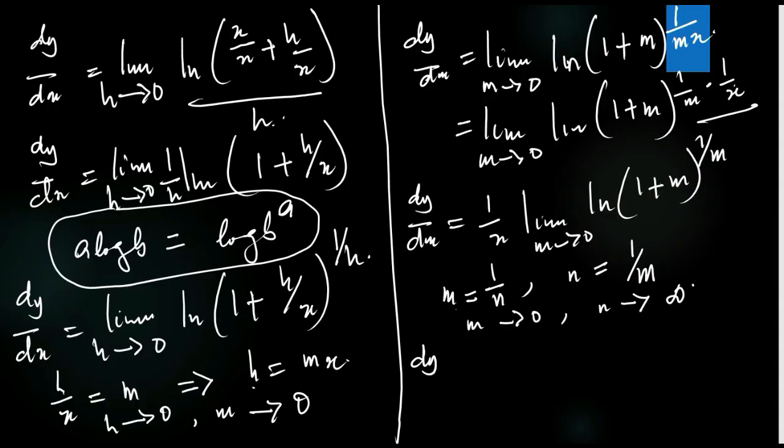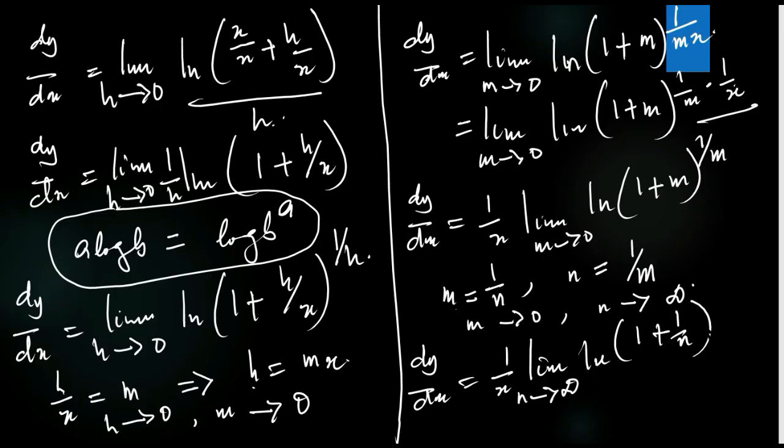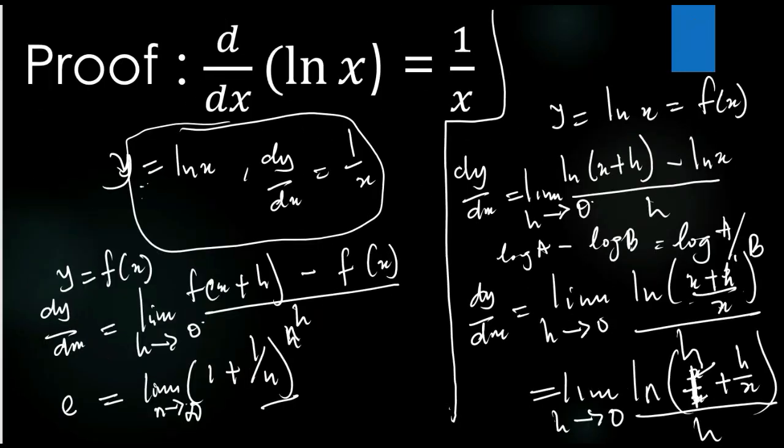So my dy/dx in this case will now become 1 over x times the limit as n tends to infinity of ln of 1 plus 1 over n, raised to the power n, remembering that m is equal to 1 over n and 1 over m is equal to n. Obviously, what we have here, 1 plus 1 over n raised to n, is the value of e.